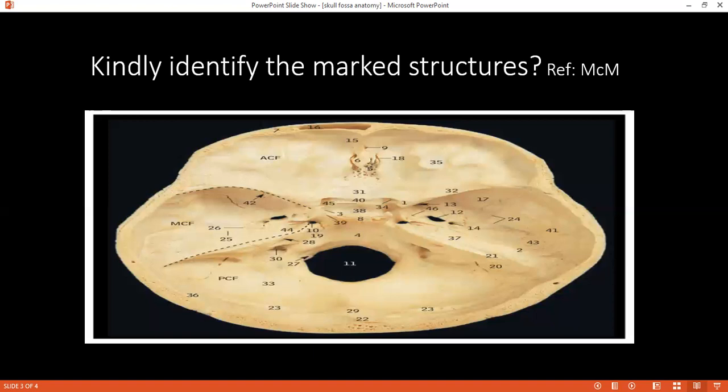Carcinomas, any secondary metastasis, like skeletal from any other part of the body. Then there could be multiple myeloma, Paget's disease, sarcoidosis, osteomyelitis, meningioma, etc. Very good. Excellent. Good. Thank you.